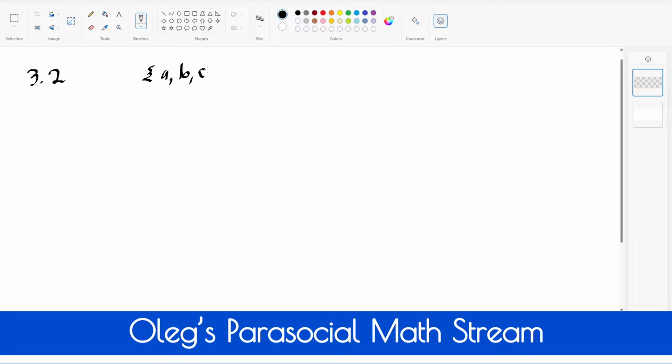A, B, C. The second entry must be from here, 5 and 7. And the third one has to be A and X. Thus, A5A and B5A. So here's examples.